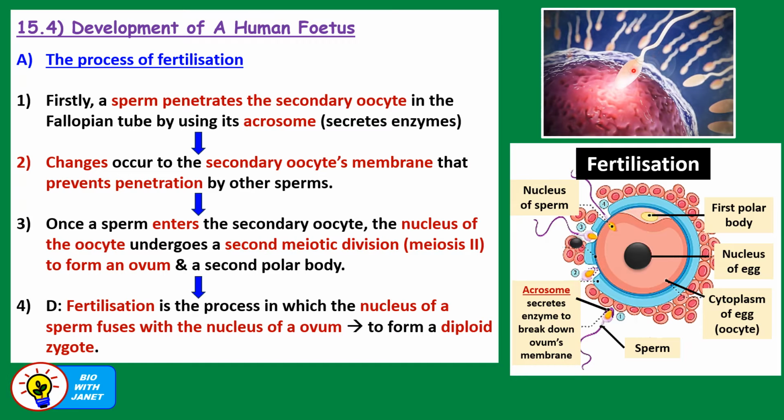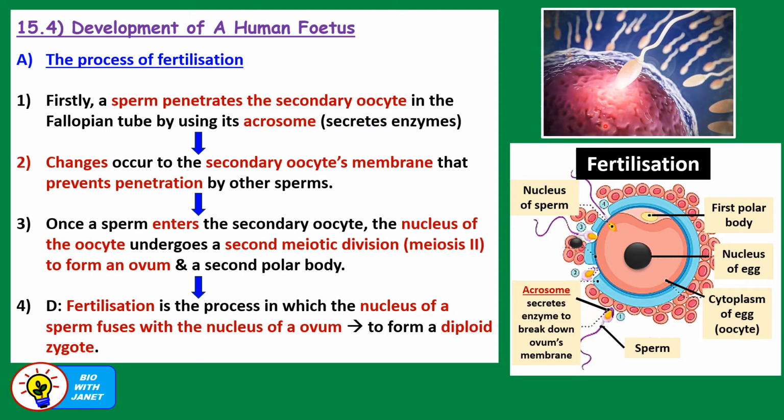And a very few sperms will reach the ovum. Okay, a lot of them will die on their journey to reach the ovum. All right, so remaining a few hundred sperms. Then one sperm will penetrate the secondary oocyte in the fallopian tube of the female reproductive system.